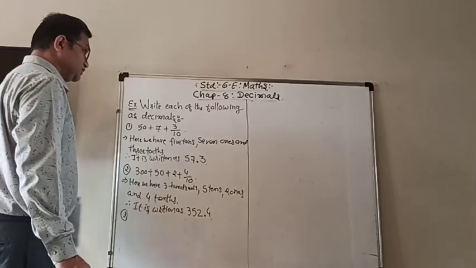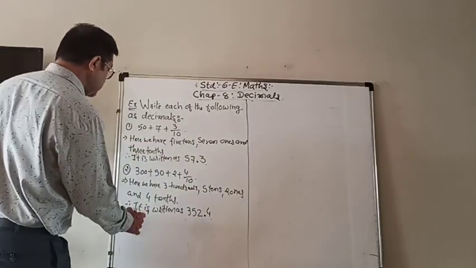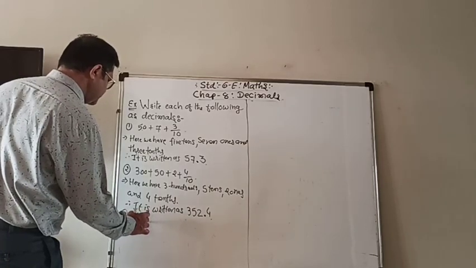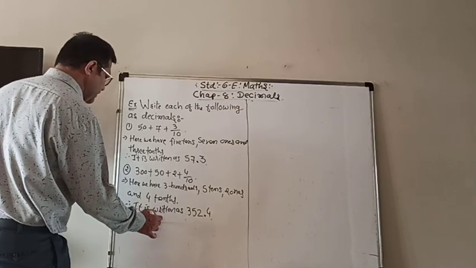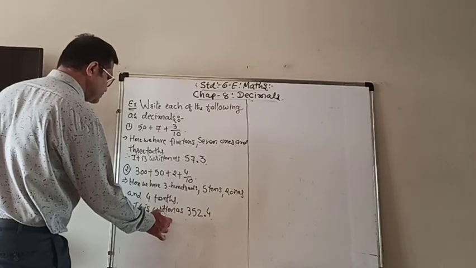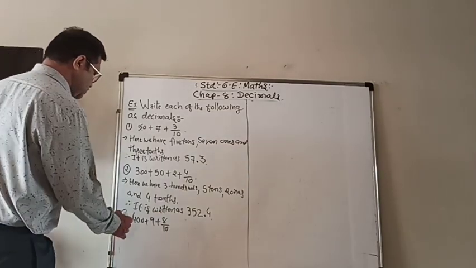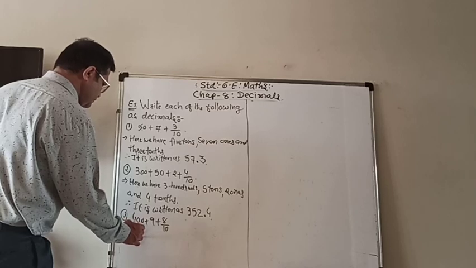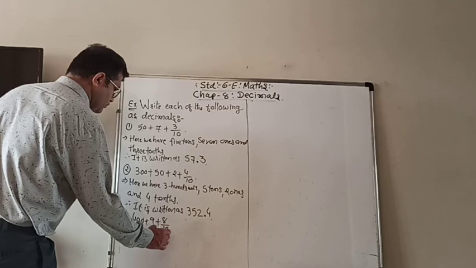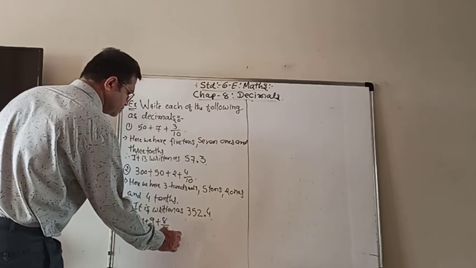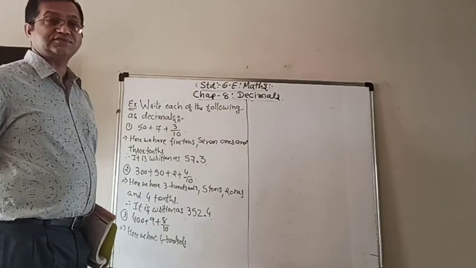Third one, like 400 plus 9 plus 8 upon 10. So here we have how many hundreds? 4 hundreds. But after hundreds there is no tens.